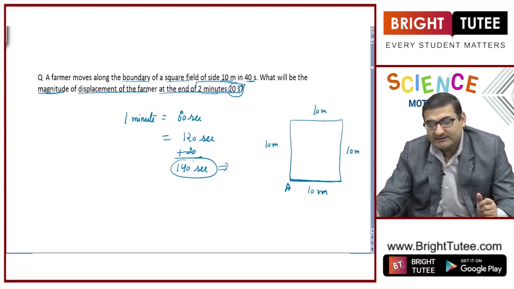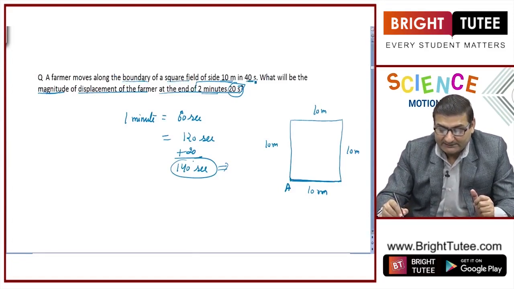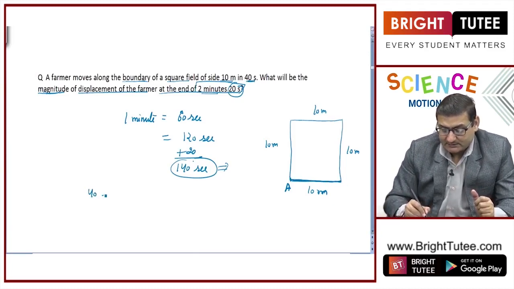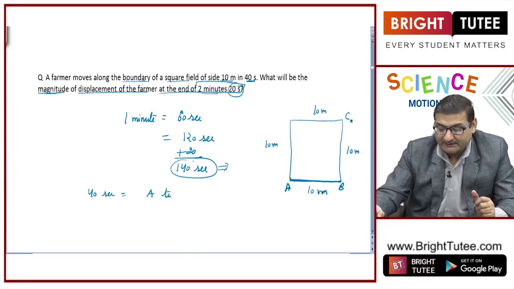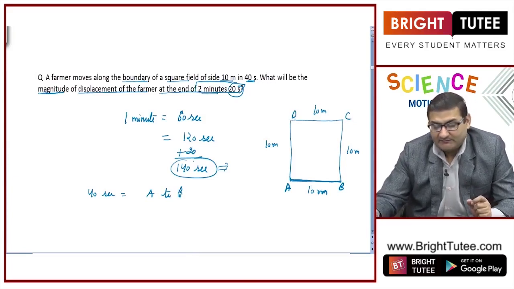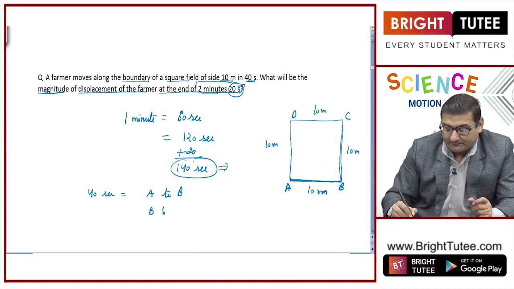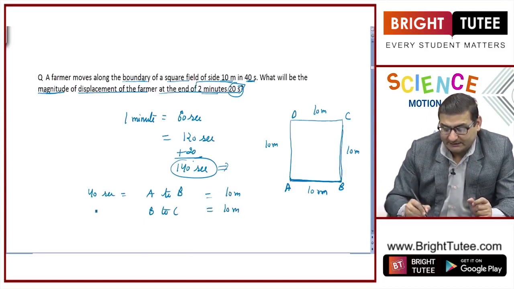He is moving along the boundaries of this square field, right. He is not moving in a straight direction. This is what we need to relate in this particular question. Now if in 40 seconds he has travelled these 10 meters along the boundary, let us say he has moved from A to B, this is C, this is D. From A to B. In the next 40 seconds he will move from B to C. A to B was 10 meters, B to C is 10 meters again.